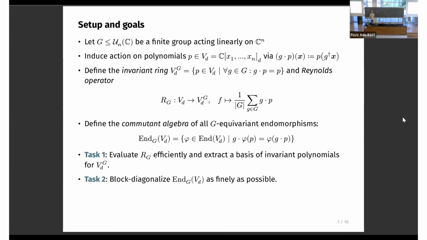So we have basically two computational tasks here that we have to be very careful about, because everything explodes all the time. The first one is we need to be able to evaluate the Reynolds operator efficiently. If you think about, for instance, a pure permutation action, then evaluating the Reynolds operator on a monomial just means you construct the orbit sum.